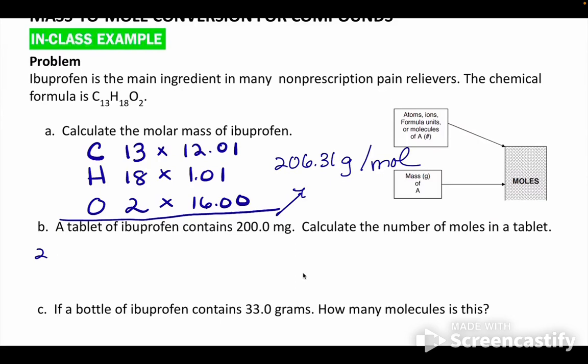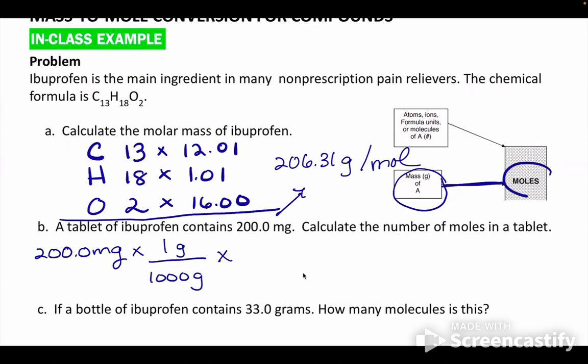A typical tablet of ibuprofen, let's say, contains 200 milligrams. So we would start with 200 milligrams, and we want to convert that into grams. Then we enter the mole map, and we're using molar mass to calculate moles. My milligrams, that should be an M. My milligrams cancel, I'm in grams. So I need to put the 206.31 grams over 1 mole. Then you can see the grams cancel, I'm in moles.